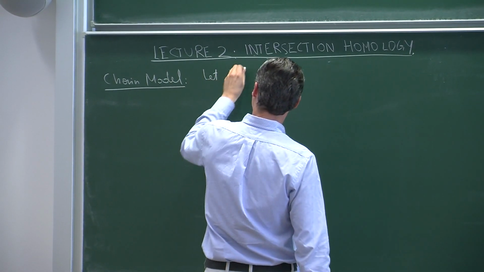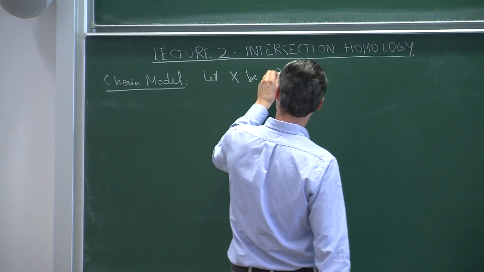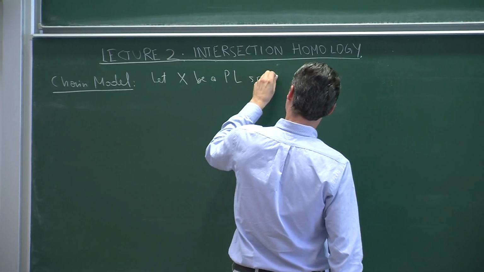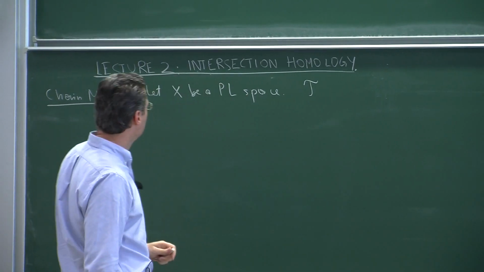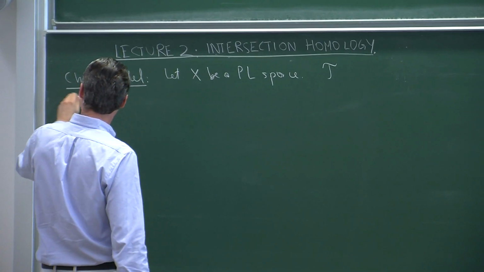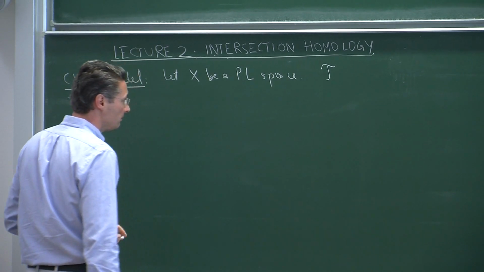So let X be a PL space. That means we have a class of triangulations T, locally finite. Now suppose T is a triangulation coming from this collection.